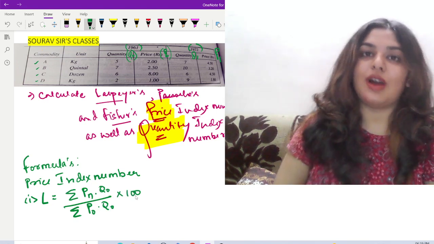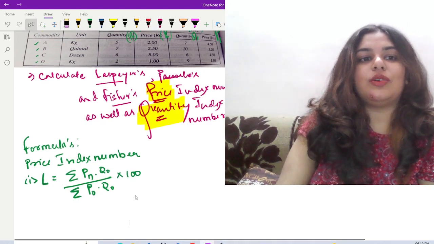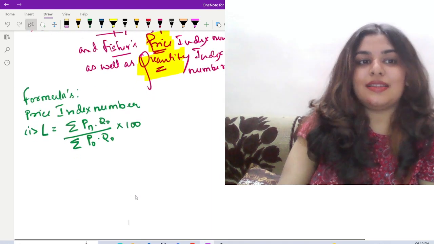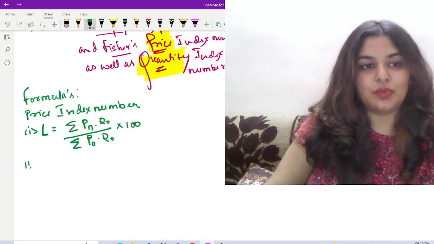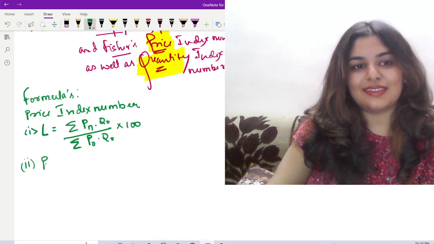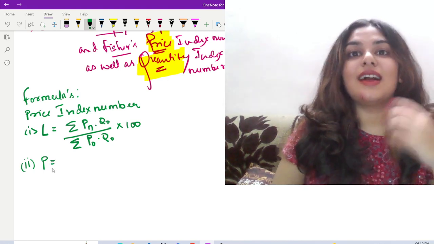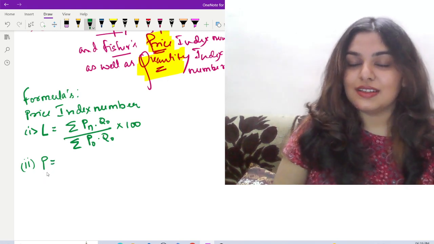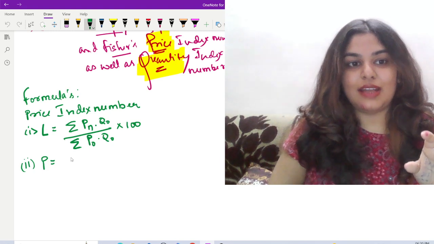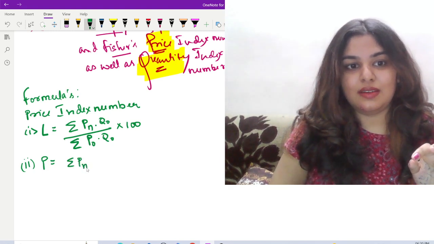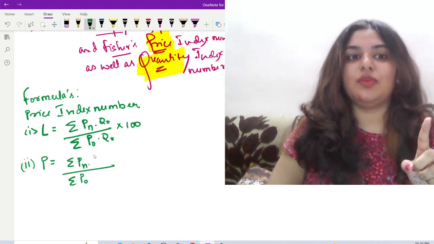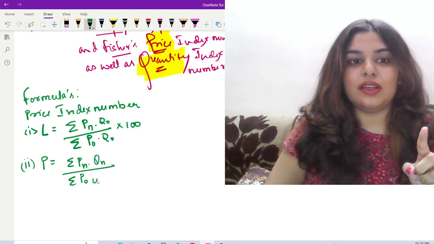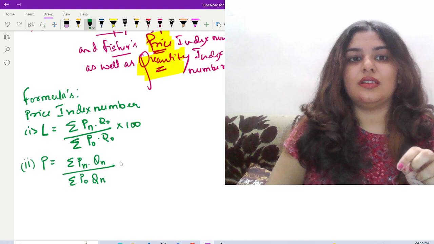This is multiplied by 100. Now when we are calculating the Paasche's index number, let us denote it with P. We take the current quantity as the weights. So again we have summation Pn and summation P0, multiplied with the current weights, that is current quantity Qn, into 100.